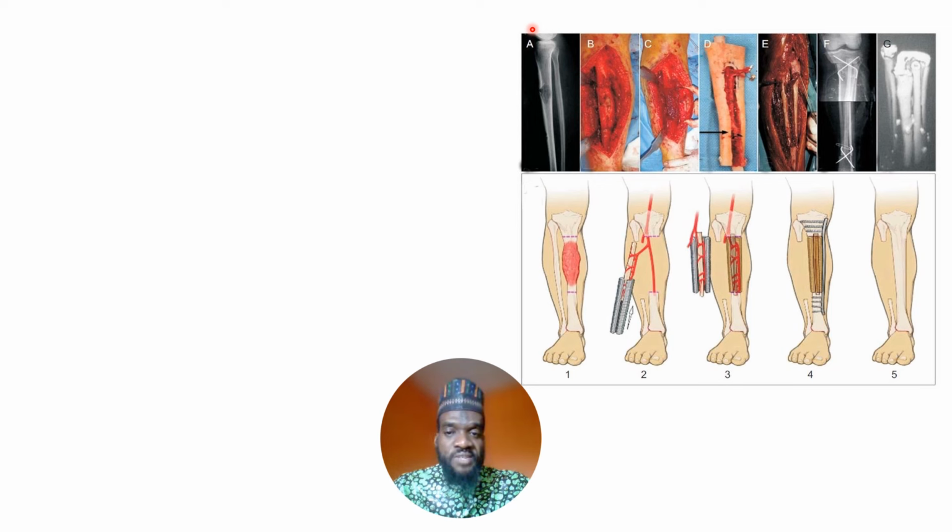So, if all these observations are taken seriously, patients will recover well with proper rehabilitative support.